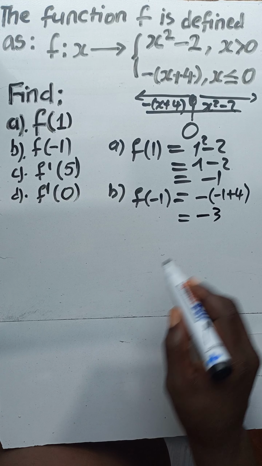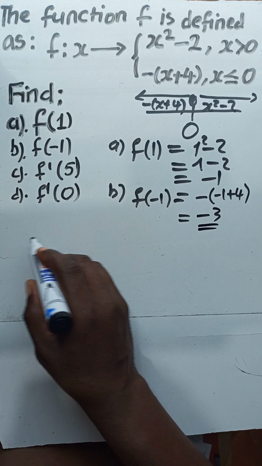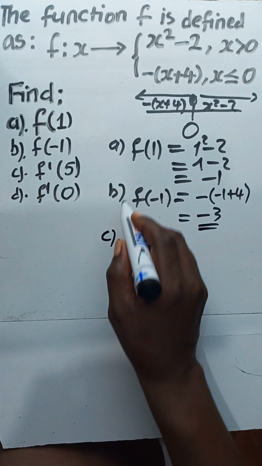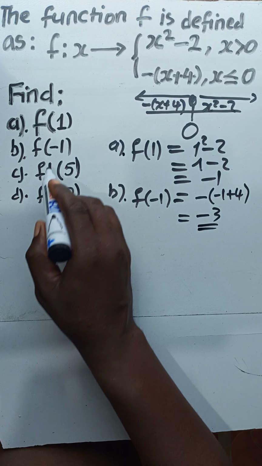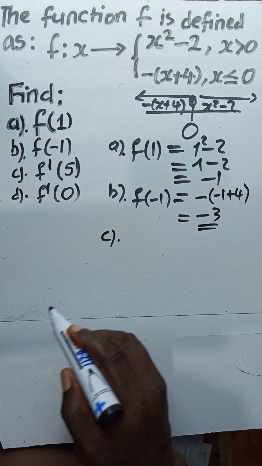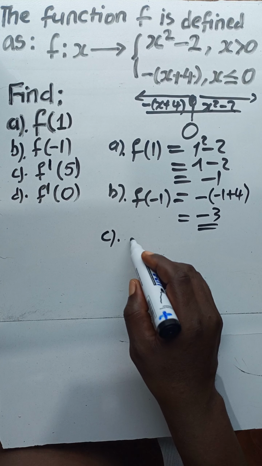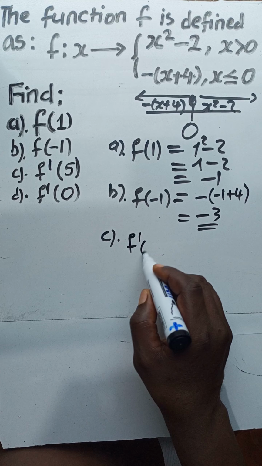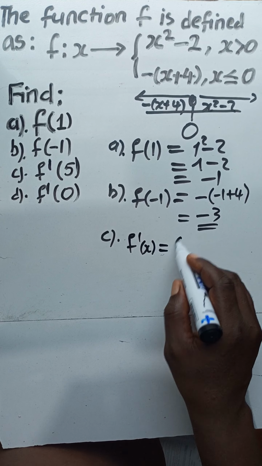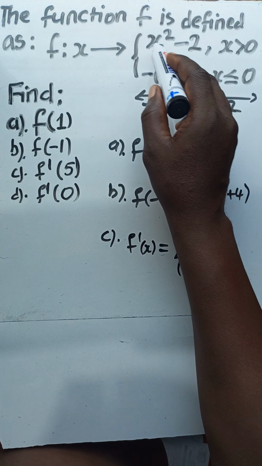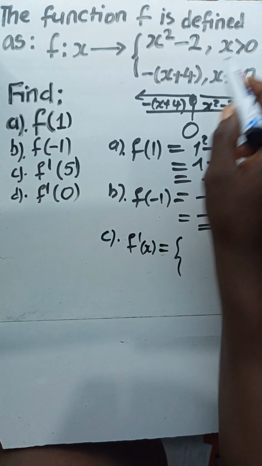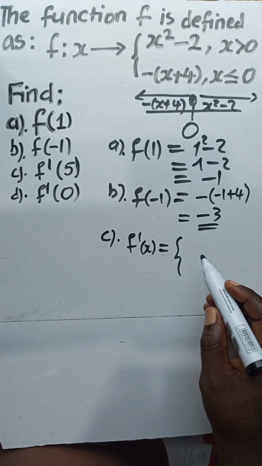Now, if we look at C, it is talking of the first derivative of the function at the point 5. So we need to get the first derivative of the function at x. The first derivative simply means we differentiate this and maintain their domains of definition.